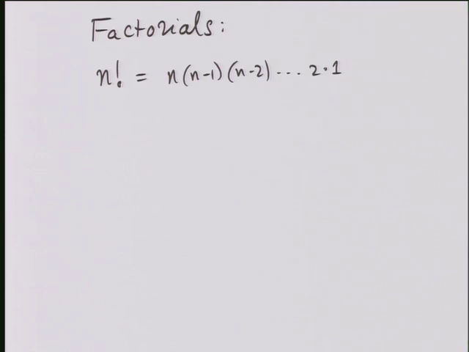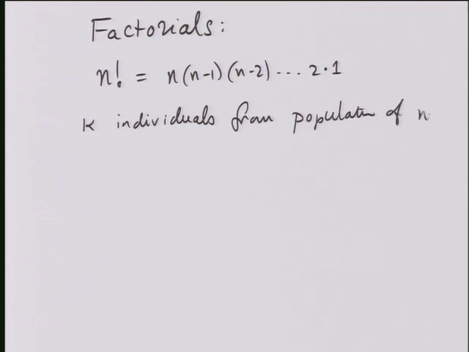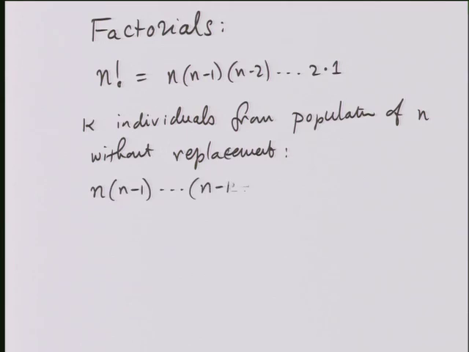What we said is, if you're sampling k individuals from a population of n, but without replacement, then the number of ways you can choose those k individuals is n times n minus 1, and so on, times n minus k plus 1.